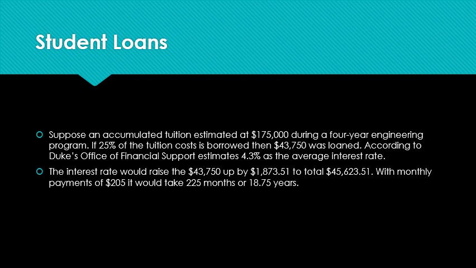The interest would raise the $43,750 by $1,873.51 to total $45,623.51. With monthly payments of $205, it would take 225 months or 18.75 years. Now this is just a spitball with a simple plan. It's a general plan, though the plans can vary according to what you choose.